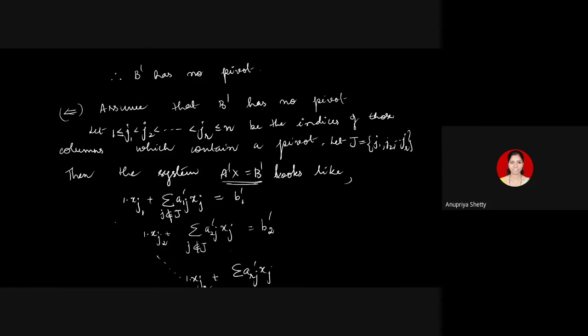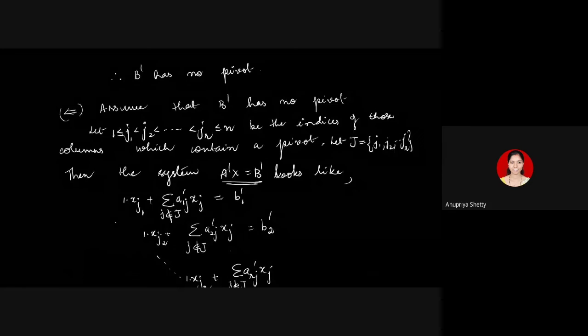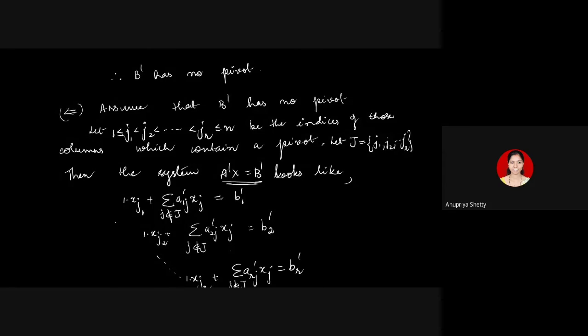Again, here you will have those j which do not belong to the set J, equal to br dash. So these are precisely the R equations.